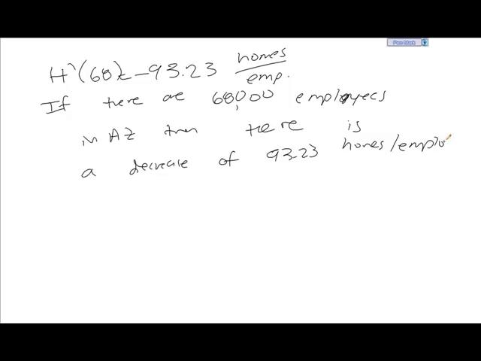So in other words, for each additional employee at 68,000, we would expect 93 fewer homes are sold for the next employee that's hired.